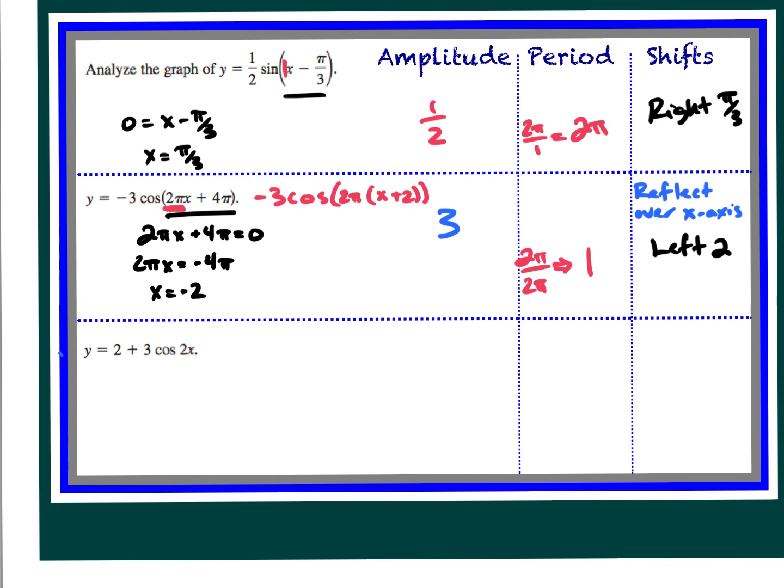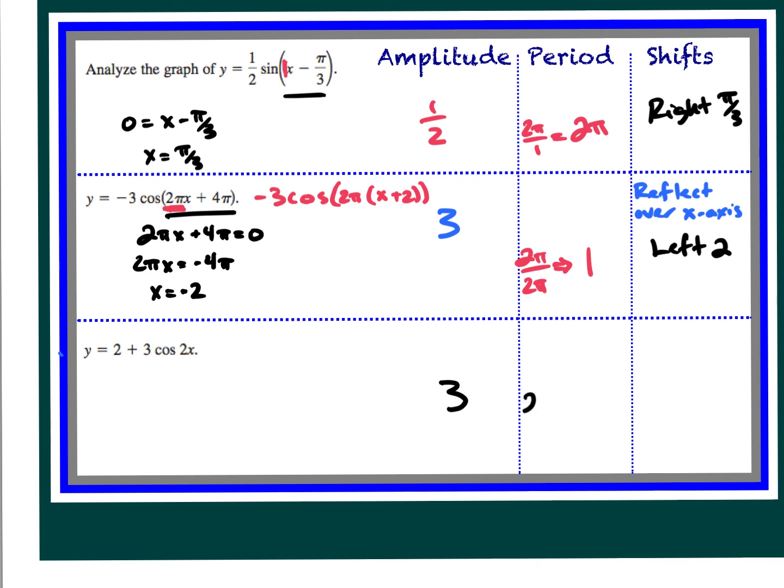All right, let's look at this next one. I've got 2 plus 3 cosine of 2x. What's its amplitude? 3. All right, what's its period? Pi.